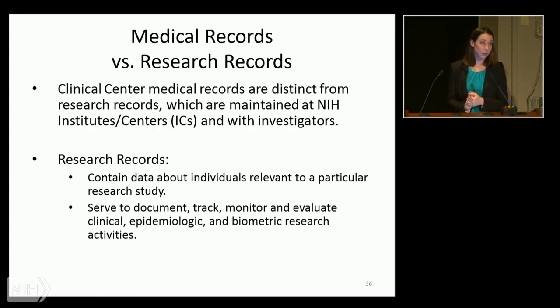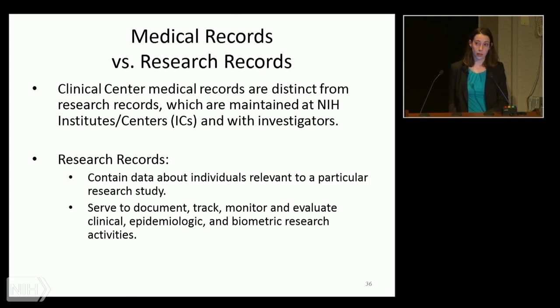Now, at the clinical center at NIH, medical records are distinct from research records, and that might not be true in outside, let's say, academic or other types of institutions such as industry. At NIH, the research records contain data about the individual as relevant to the research study.